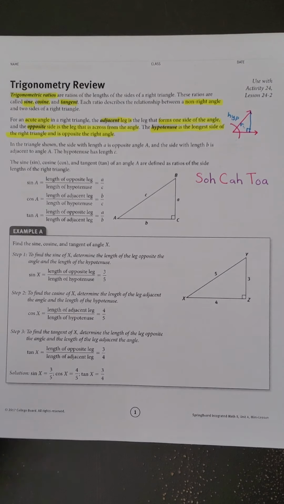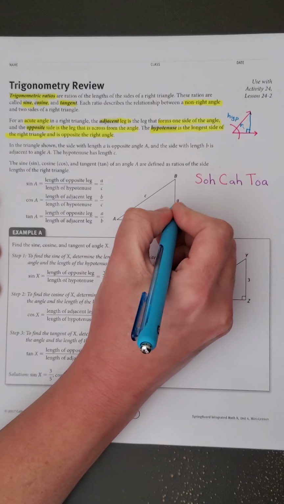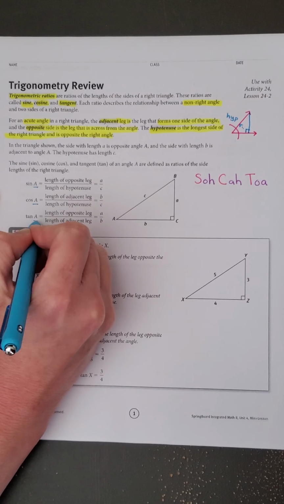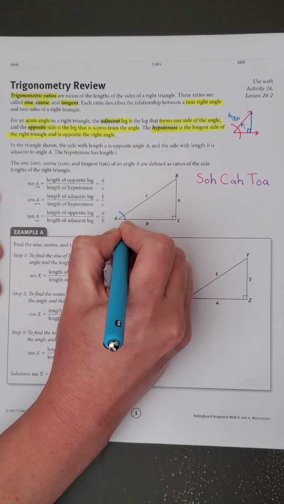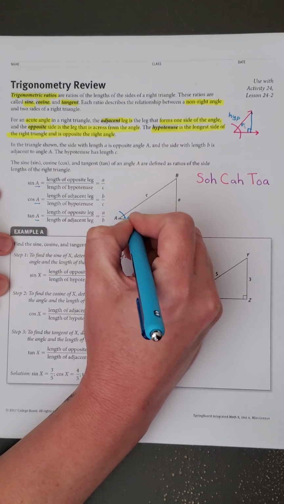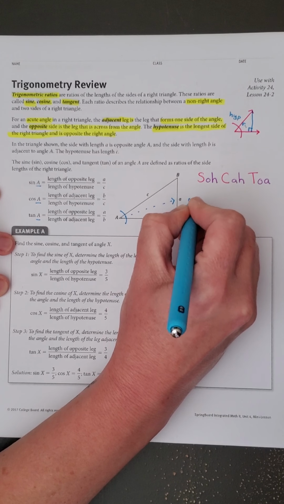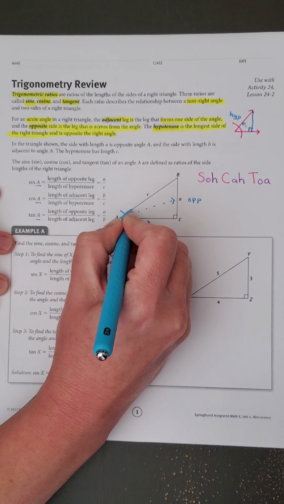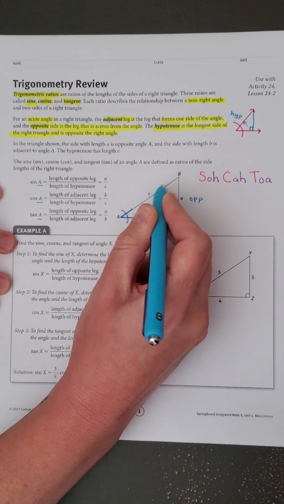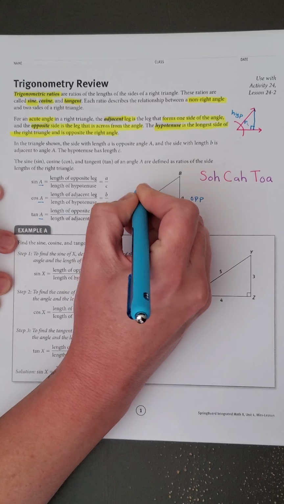So in this picture, I'll do it with the pen. If I'm looking at angle A, which is the angle they want me to work with, angle A is right here. Opposite from angle A is the one that does not touch it. There's opposite. Adjacent, we have two adjacent sides, but this side has a special name. It's across from the right angle, so this side is our hypotenuse.